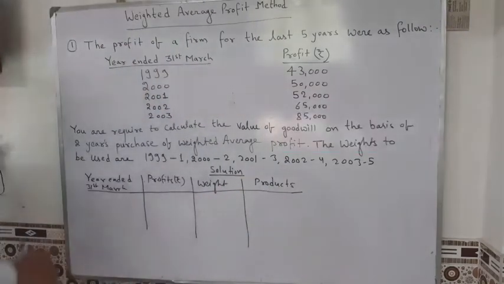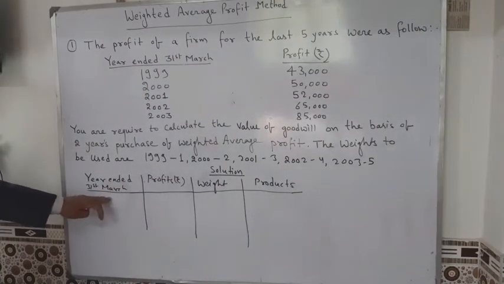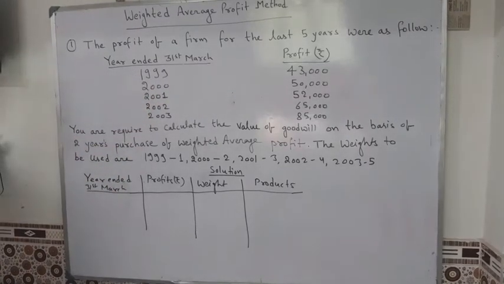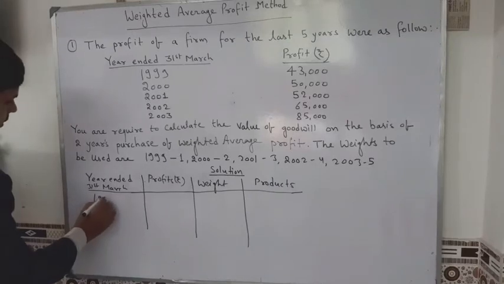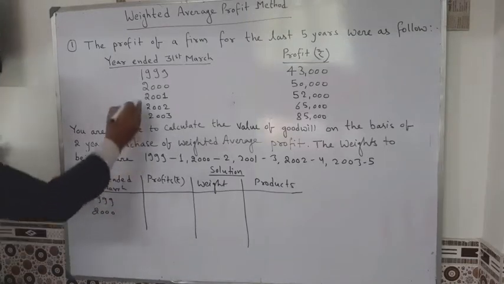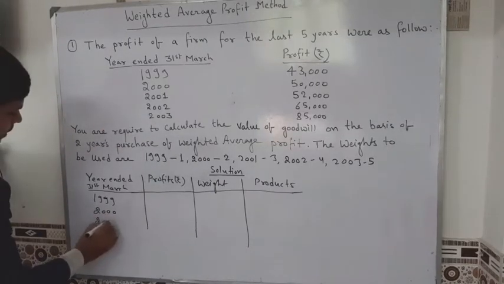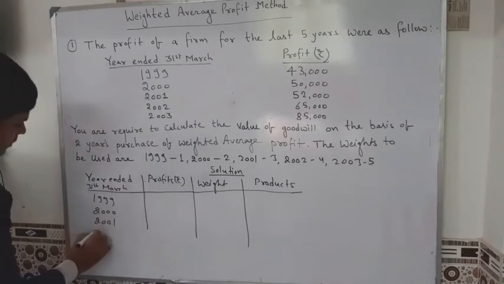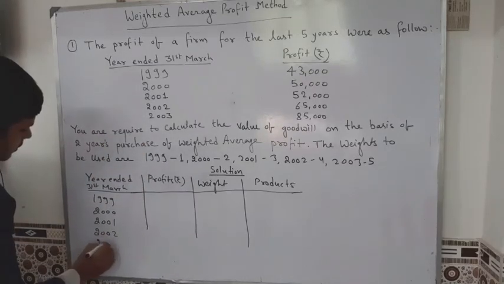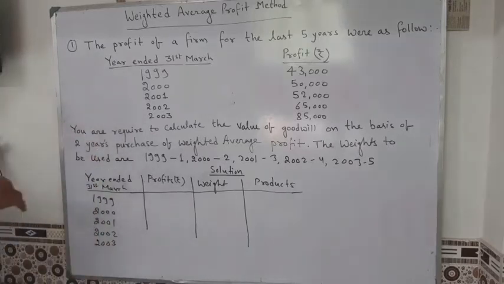This is products. At first the year ended is given, 31st March. Just write down the years: 1999, 2000, 2001, 2002, 2003.